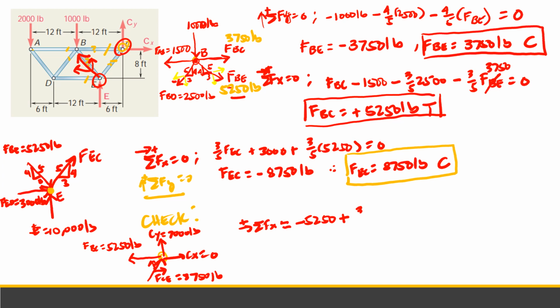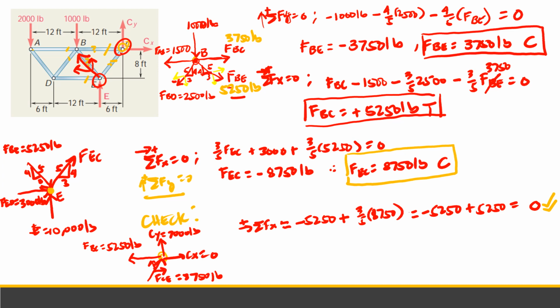So its x component is 3 over 5 of FCE, which is 8,750 pounds, plus 0, which we include. So negative 5,250, and 3/5 of 8,750 is also positive 5,250. So this is equal to 0. So check, meaning our values are correct.